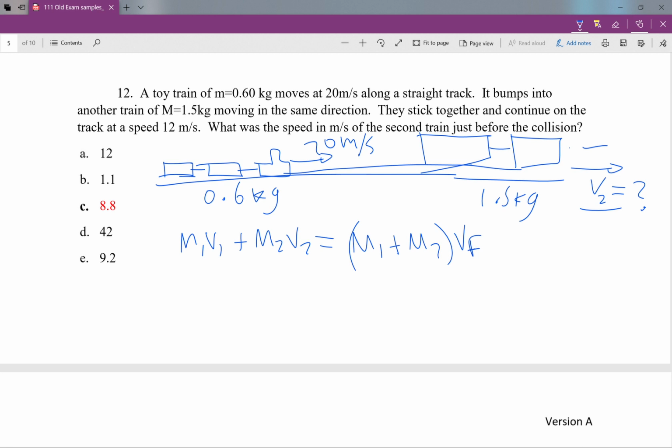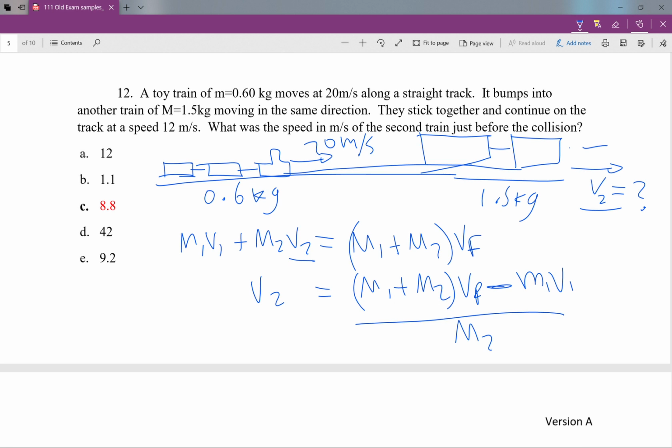We're trying to look for v2, so v2 equals ((m1 plus m2) times v final minus m1 v1) divided by m2. If you substitute all your values in there, you're going to get the answer 8.8 meters per second.